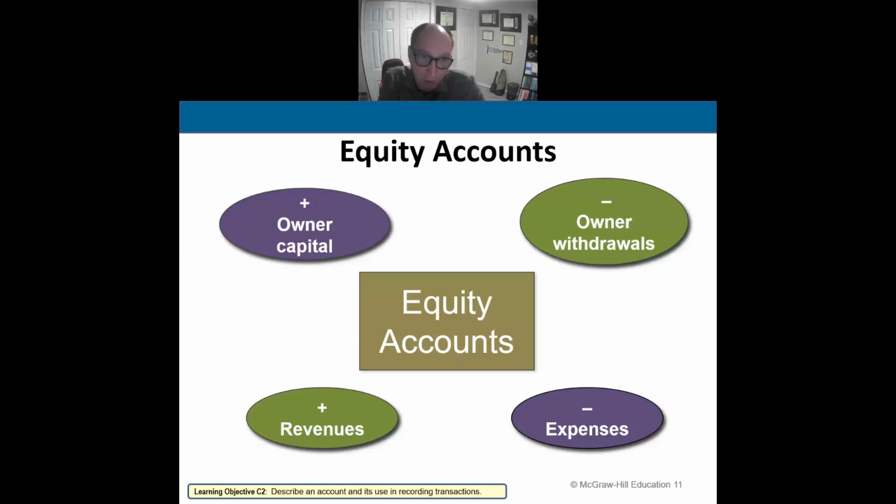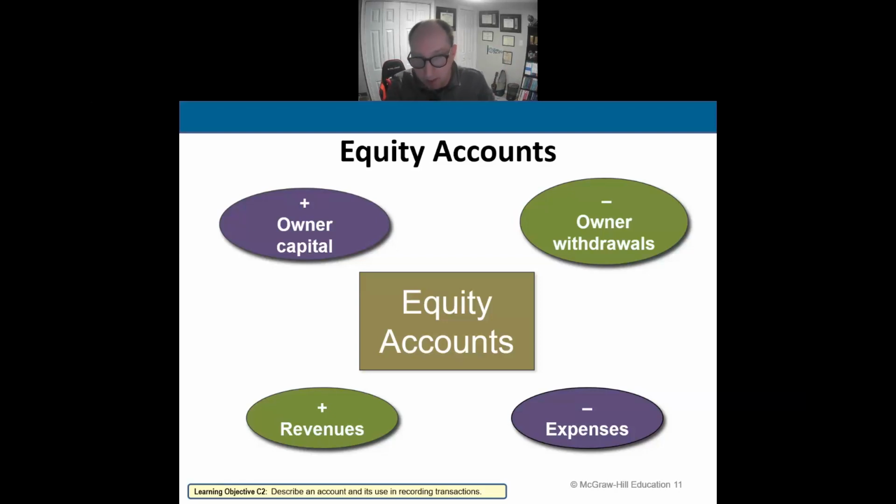Your equity accounts is what the owners own or the company owns. This would include things like owner's capital, owner's withdrawals, revenues, and expenses. Owner's capital is what the owners of the company invest into the company. I started the company by contributing cash to get it started. I started the company by bringing in equipment.